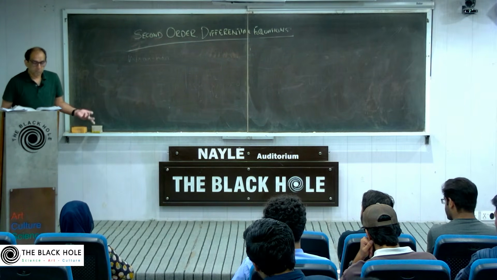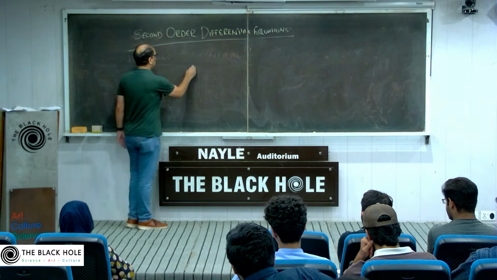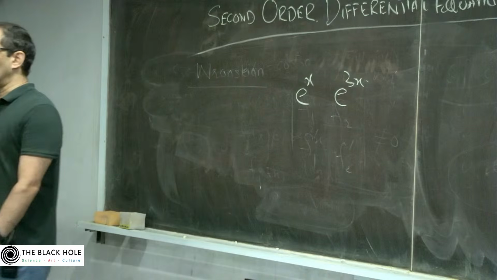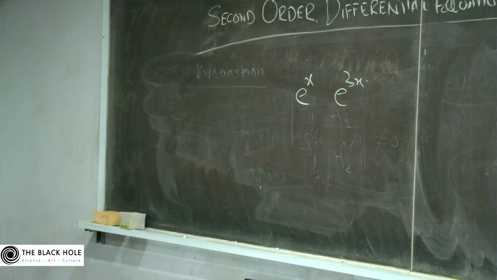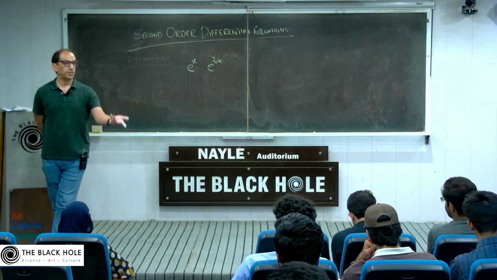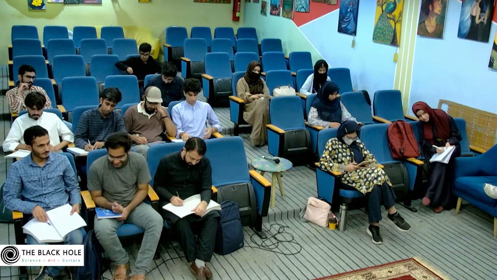Now, let's say you have a differential equation with these two different functions, then how will you prove that they are linearly independent? Take the function and take its derivative.